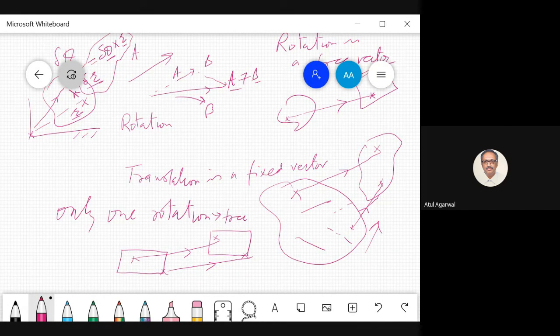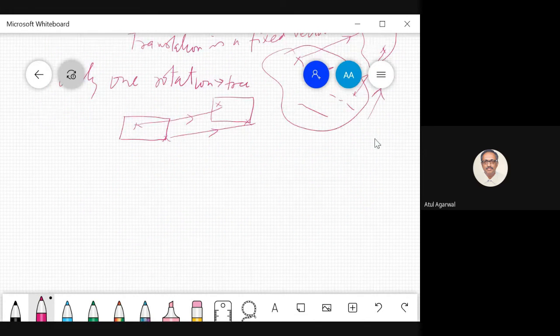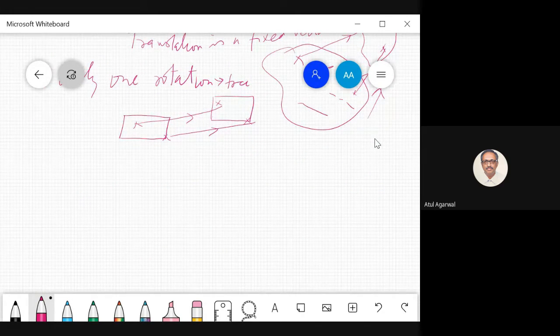So some basics. Now rigid body mechanics, why is it so important? Anybody?